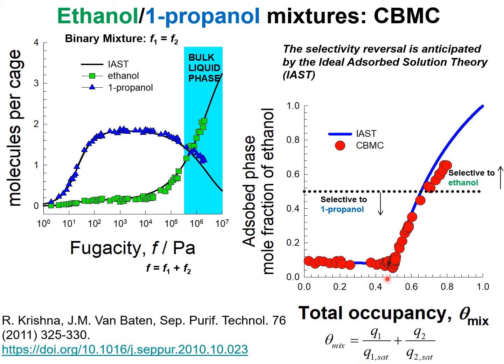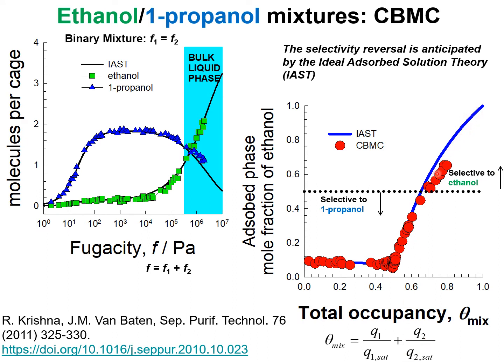We see that below a pore occupancy of about 0.7, the selectivity is in favor of 1-propanol, which has the higher binding strength, whereas for occupancies greater than about 0.7, the selectivity is in favor of ethanol.